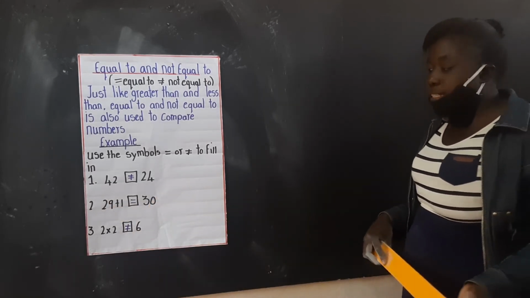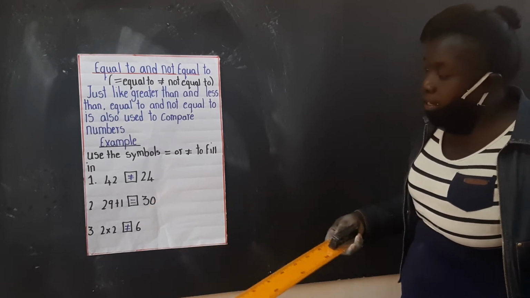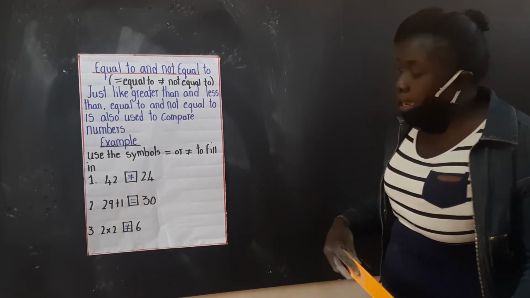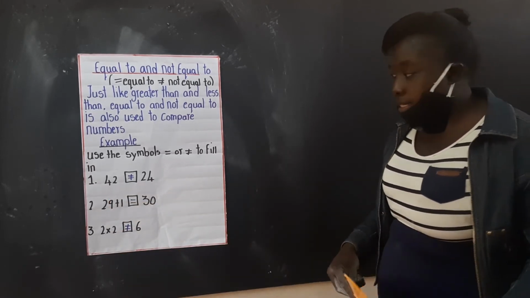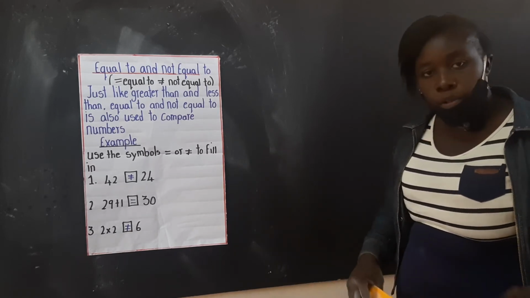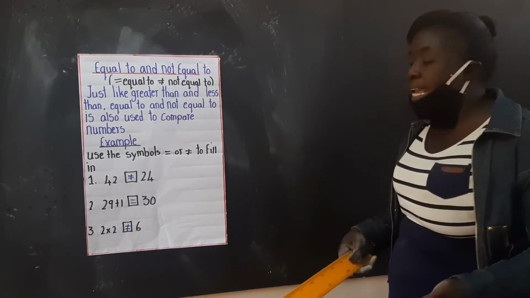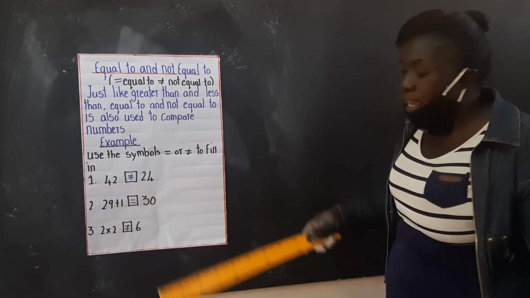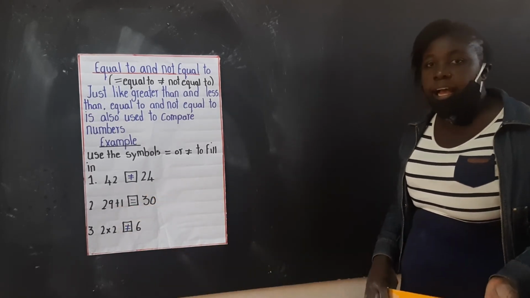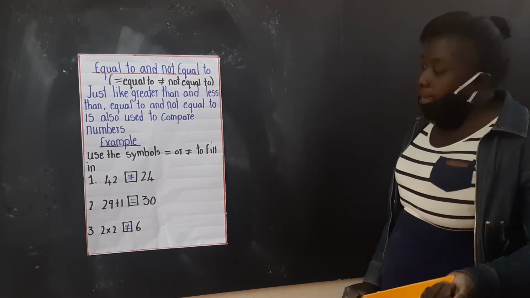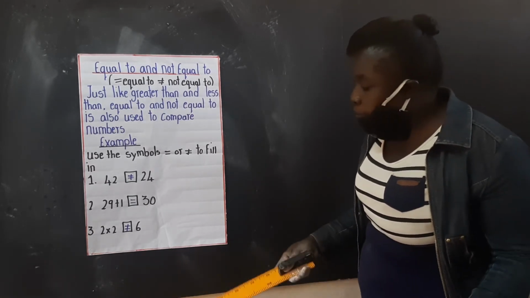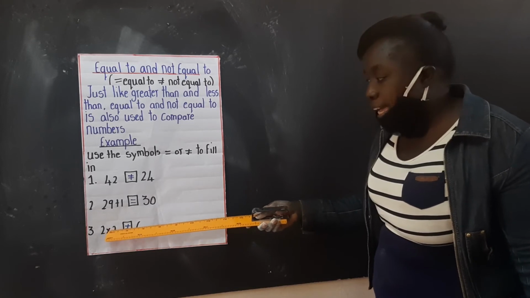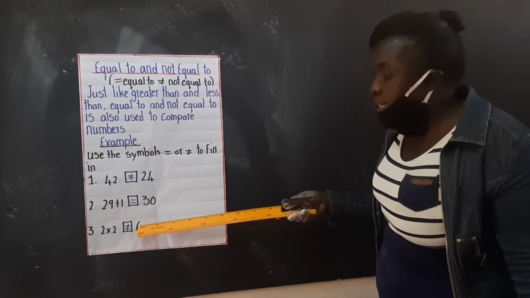Yes. The number you have been given is 30, and the answer you find is also 30. So the correct symbol that we are going to choose is the symbol for equal to. The answers are equal. They are the same.